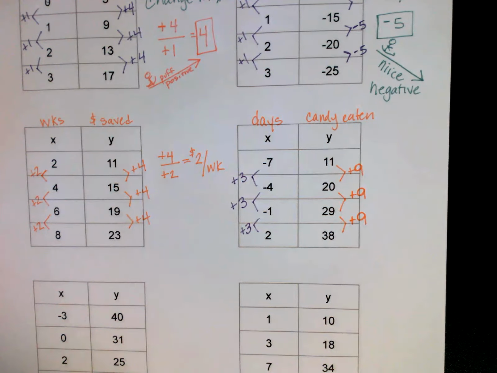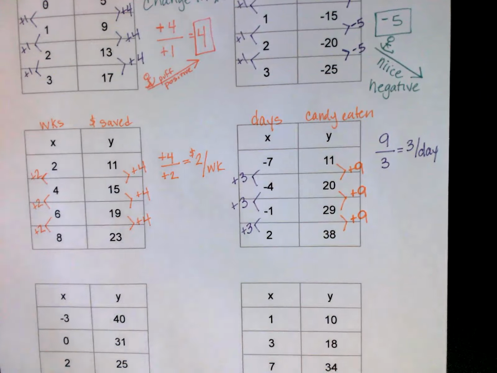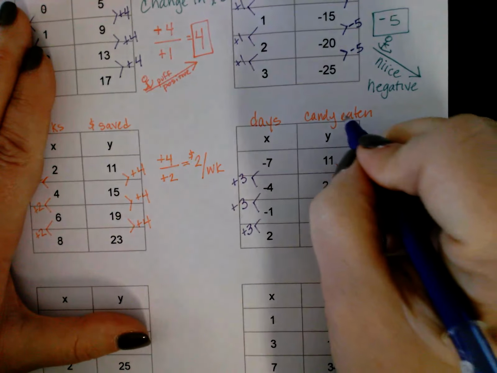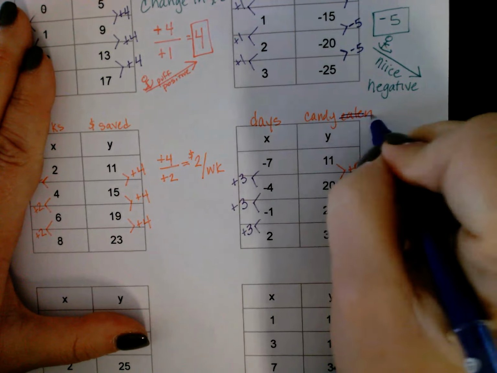I would have 9 over 3. So each day he would increase his candy by 3 pieces per day. Maybe he's saving candy. He's stealing other people's Halloween candy because it's increasing. He's really not eating it. We should talk about candy stolen.